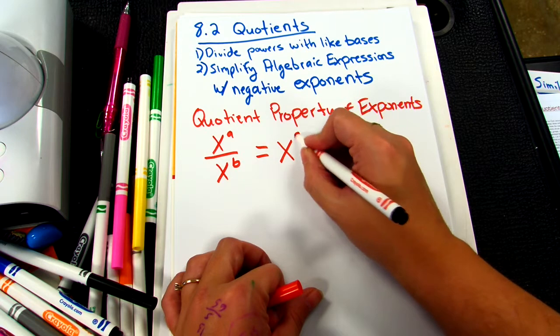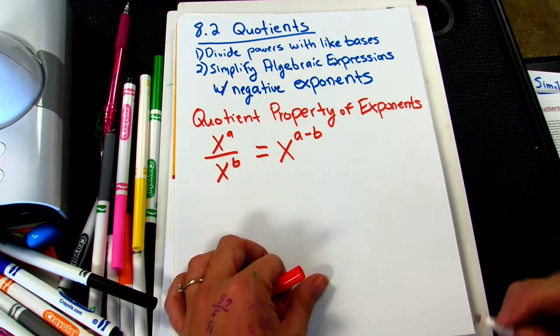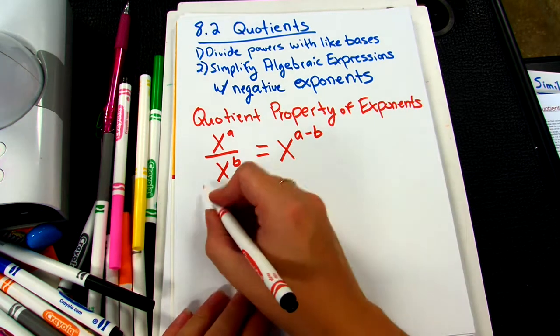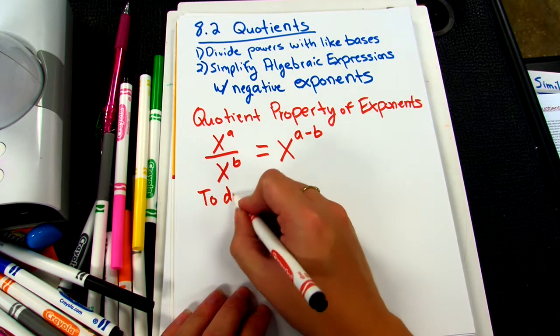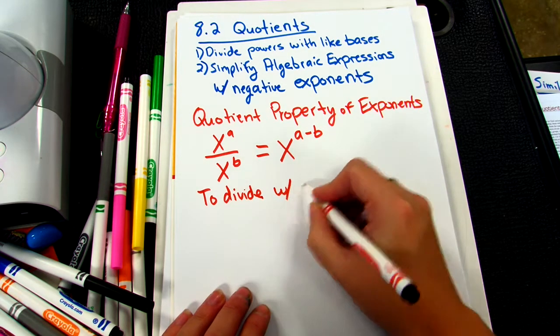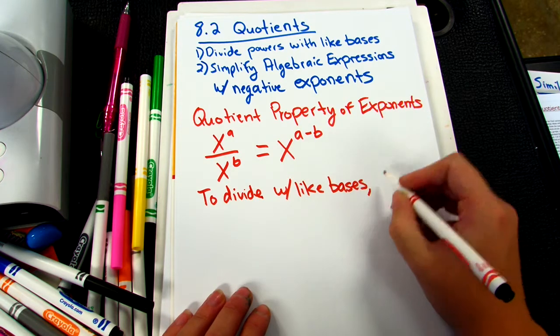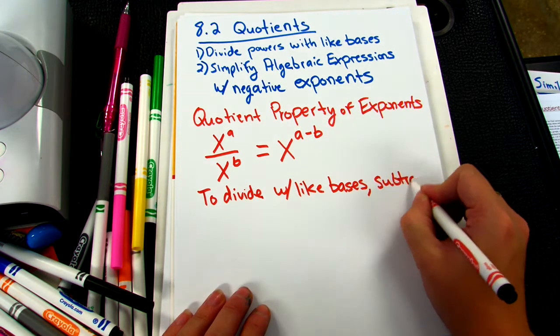So it will become x to the a minus b. Okay? So in words, this says to divide with like bases, subtract the exponents.